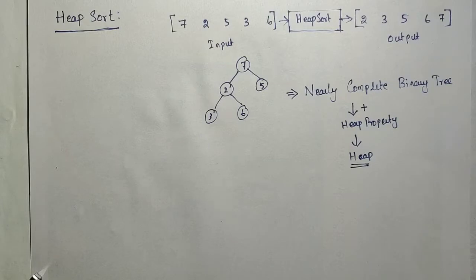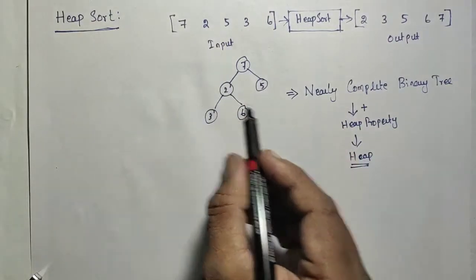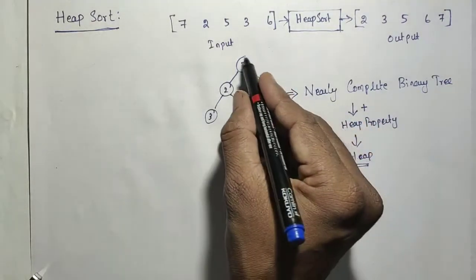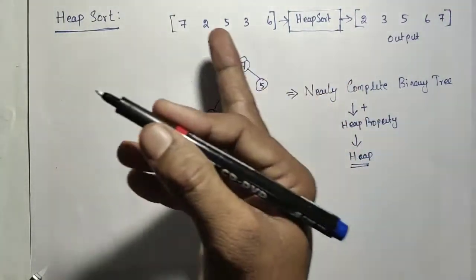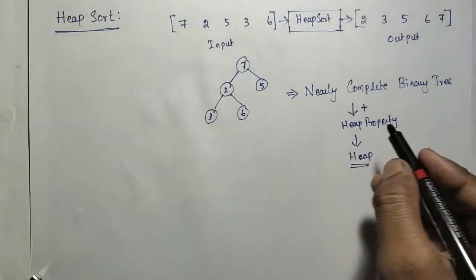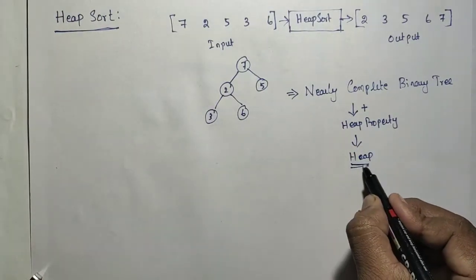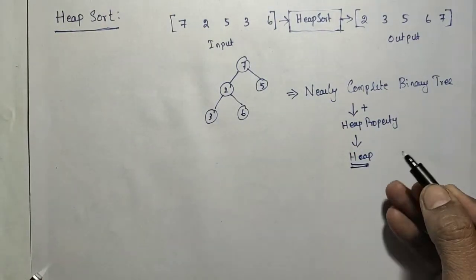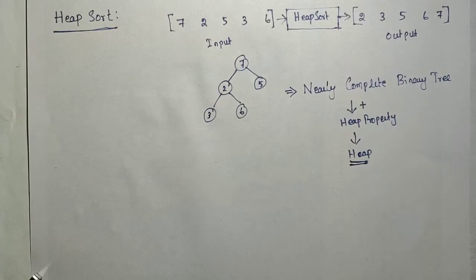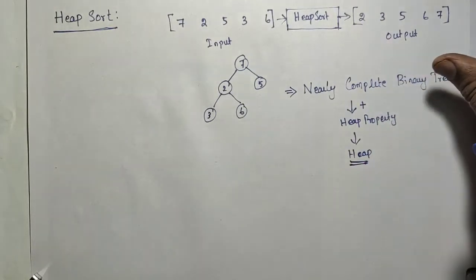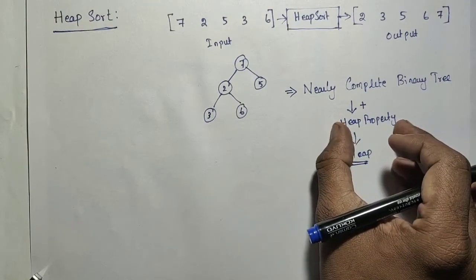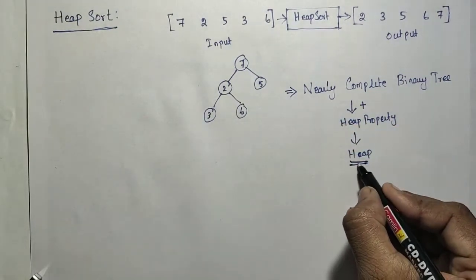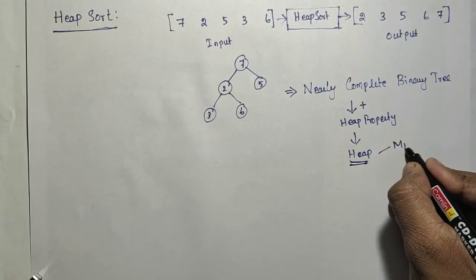So for sorting the elements, the first step is that the given nearly complete binary tree, that is the array of elements, has to be converted into a heap. For converting it into a heap, I need to apply the heap property, and I have to decide whether to convert to a min heap or a max heap.